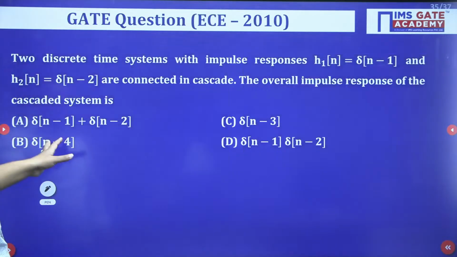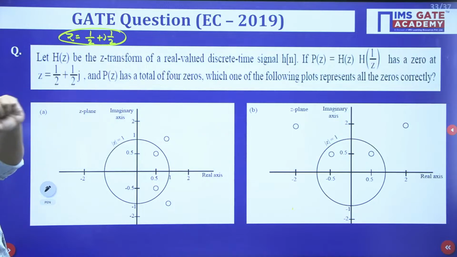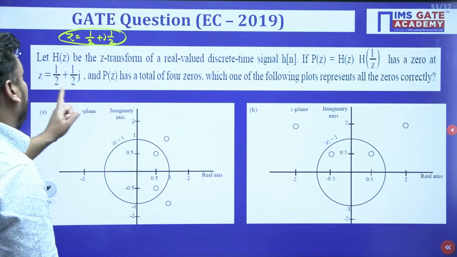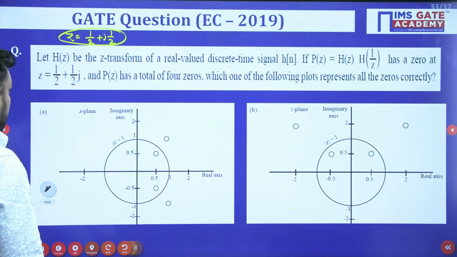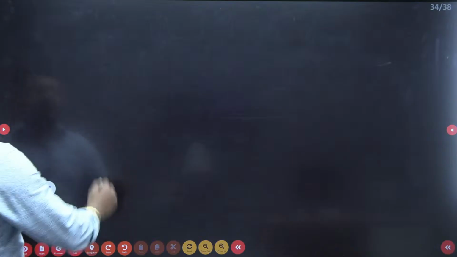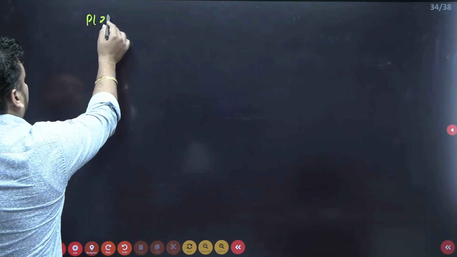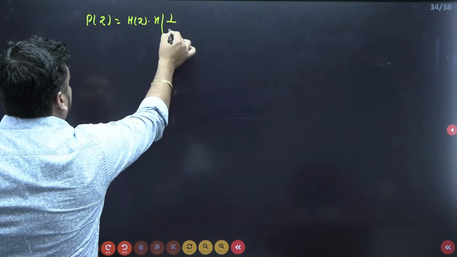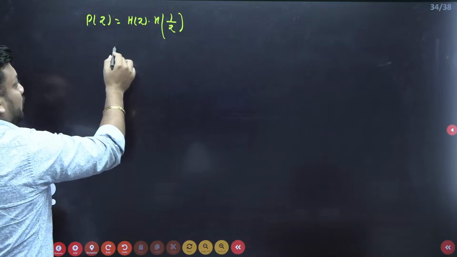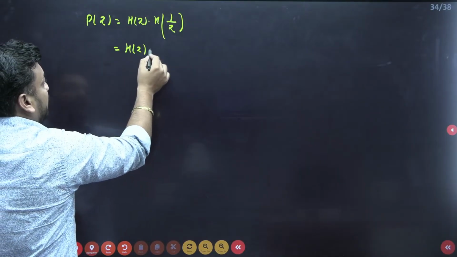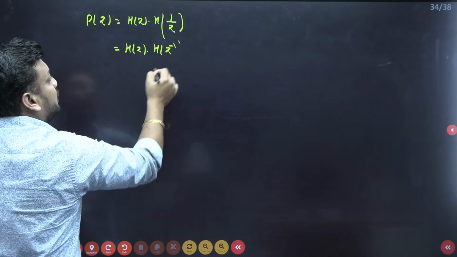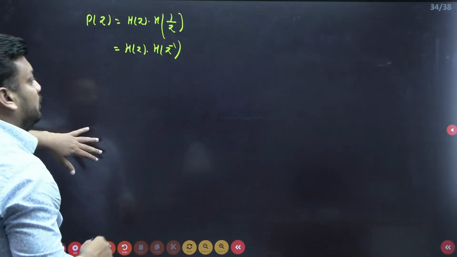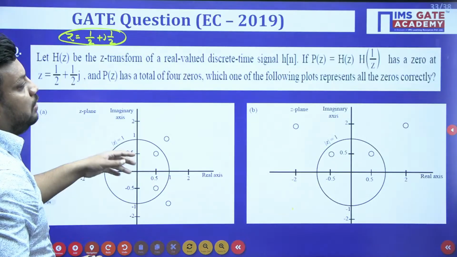Now student, I am explaining it. P(z) has a zero at half plus half j, it means this P(z) is actually equal to H(z) dot H(1/z). 1 by z means H inverse. So you can say that it is H(z) dot H(z inverse), and total having 4 zeros.